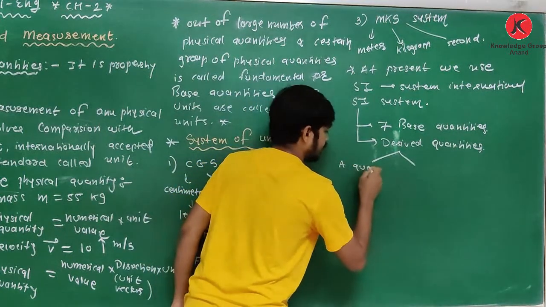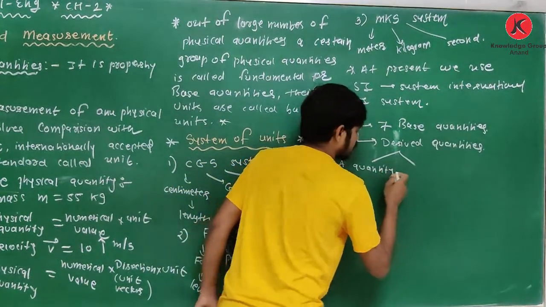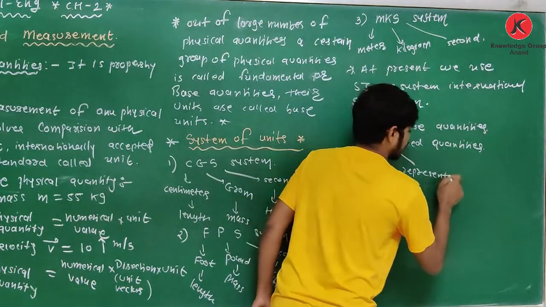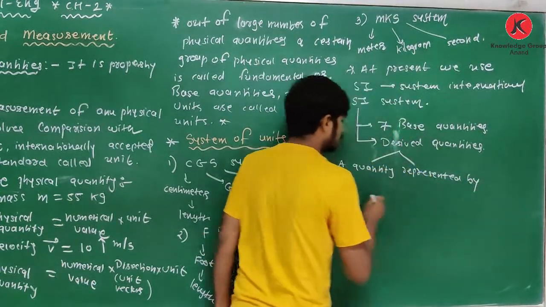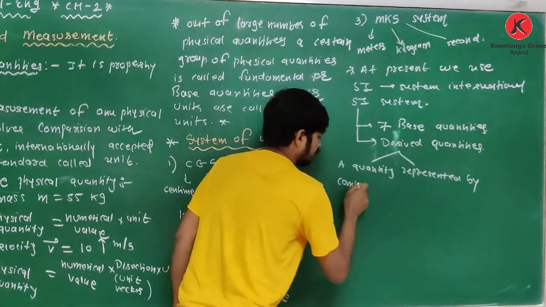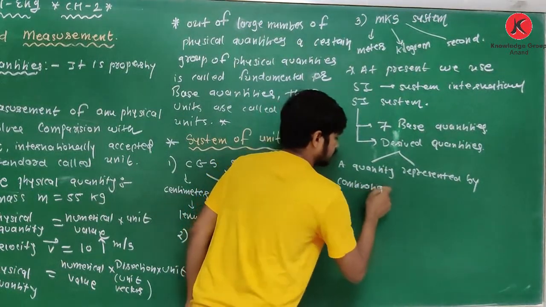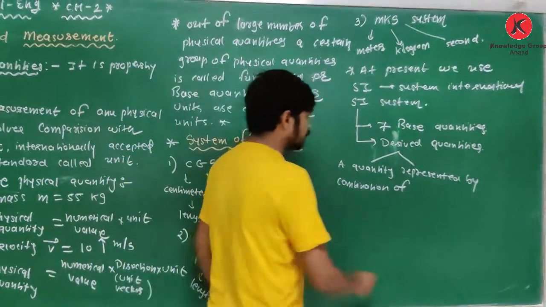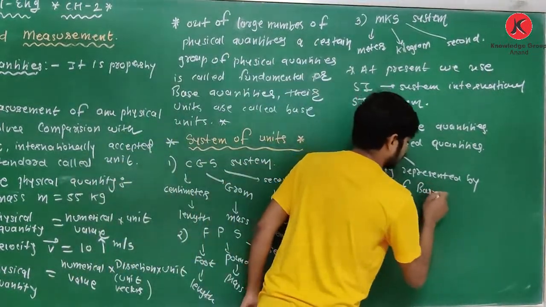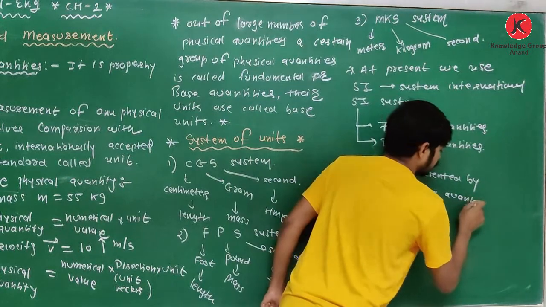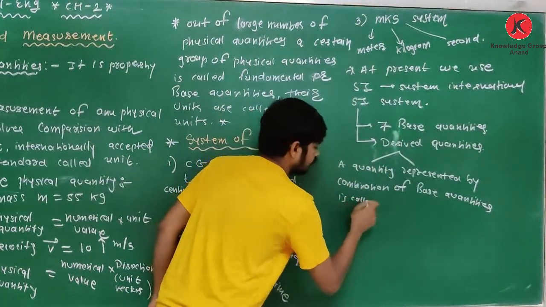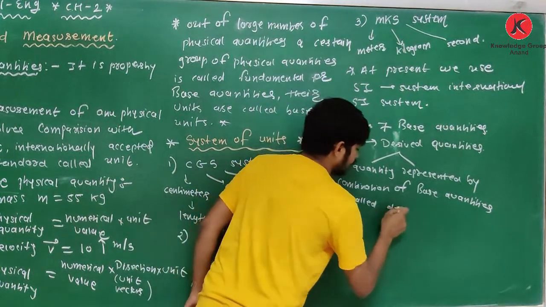A quantity represented by a combination of base quantities is called a derived quantity.